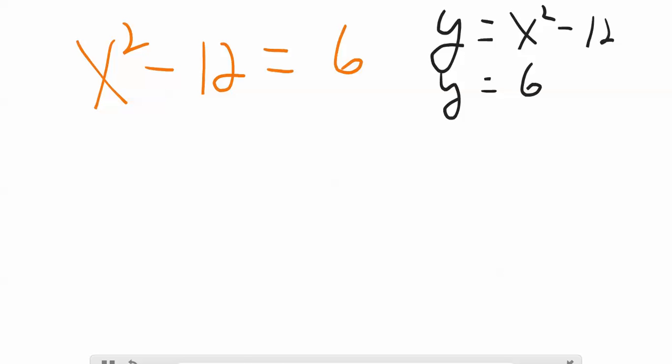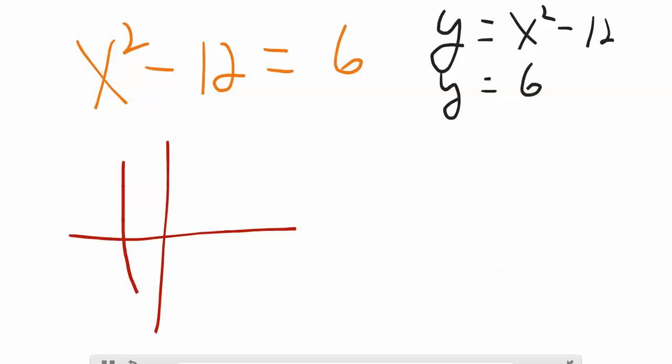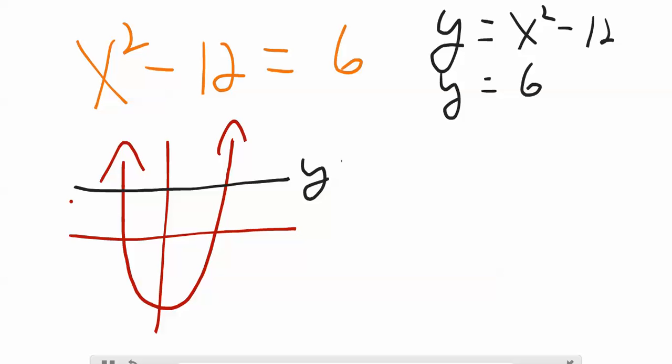Well, based on previous videos and previous lessons and homework assignments, you know that y equals x squared minus 12 is really a parabola that opens way up like this, right? And y equals 6 would be a horizontal line that looks like this. So this comes in contact in two locations. So this has two real solutions.